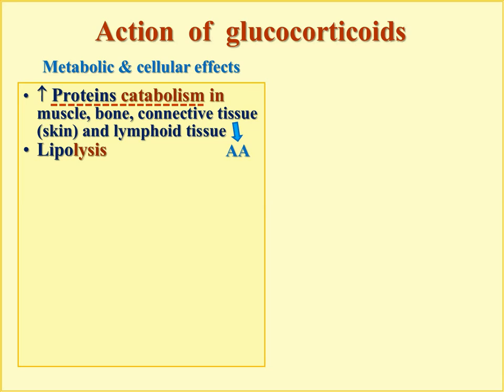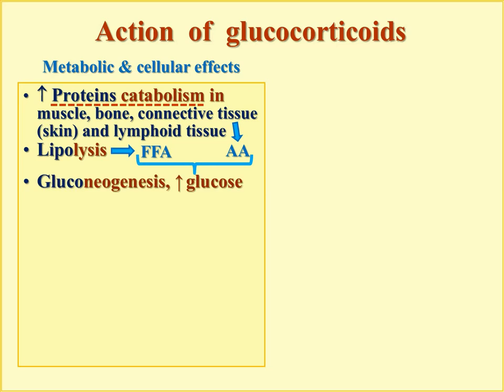Then lipids also are broken down, so mostly it's catabolic action. And lipolysis gives release of free fatty acids stored in fat tissue, in stored triacylglycerols. Then the third type of metabolism influence is on carbohydrates, and here this is gluconeogenesis.